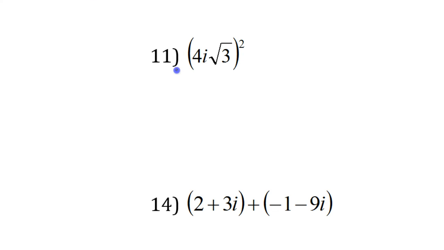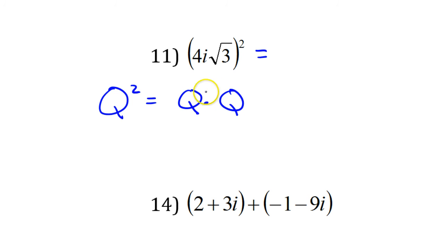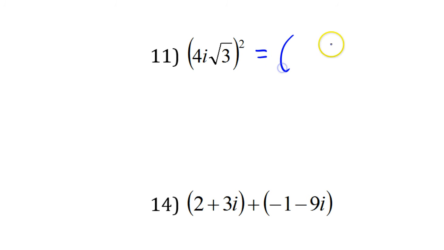So, number 11. The best way to think about this is anything squared is that thing times itself. You know what I mean? Q squared means Q times Q, right? So if I have these parentheses squared, that means parentheses times parentheses.